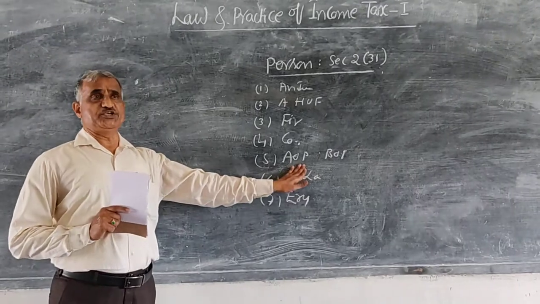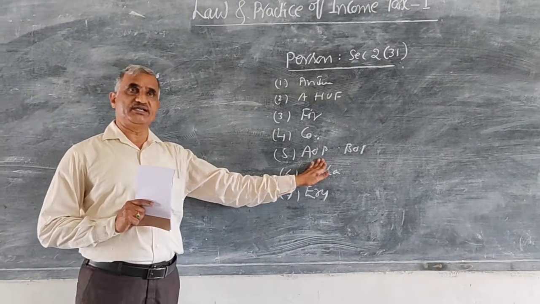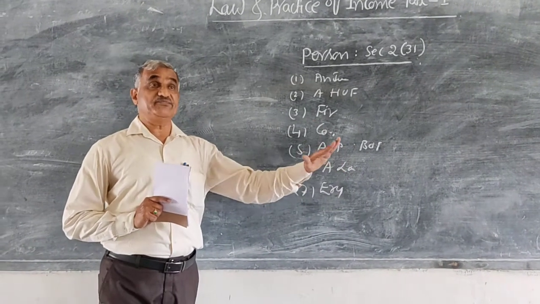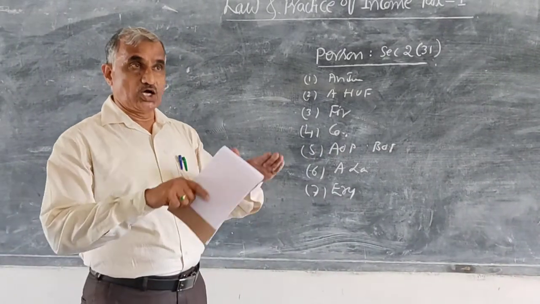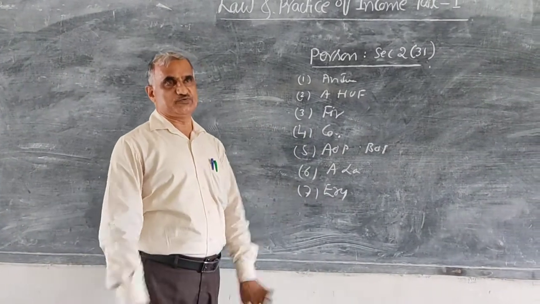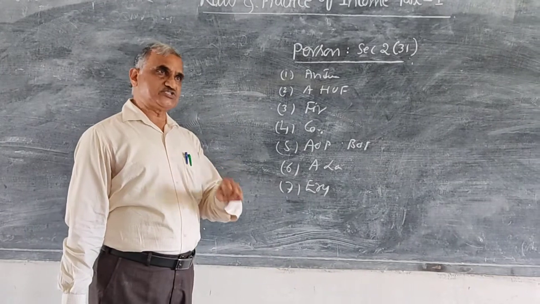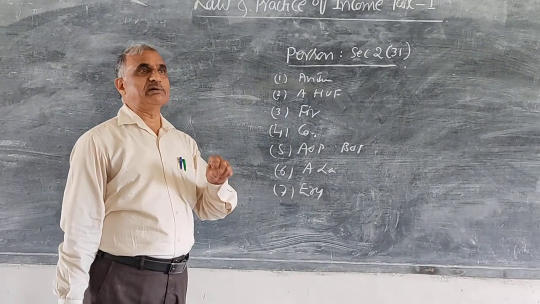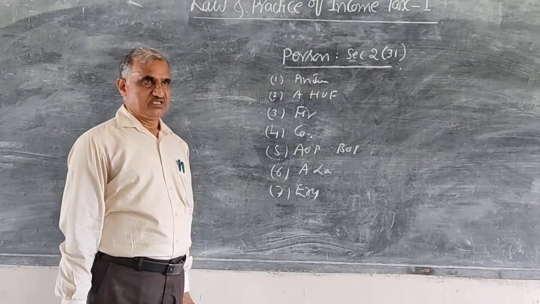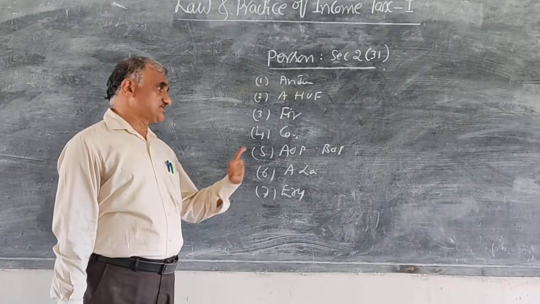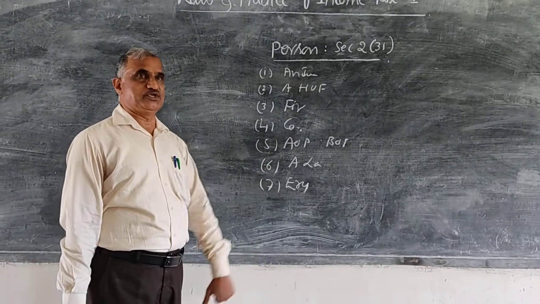Then body of individuals. What is the meaning of the body of individuals? Body of individuals means it is the conglomeration, group of individuals. So this group is also formed for a common purpose of earning the income. Then what is the difference between association of persons and body of individuals?